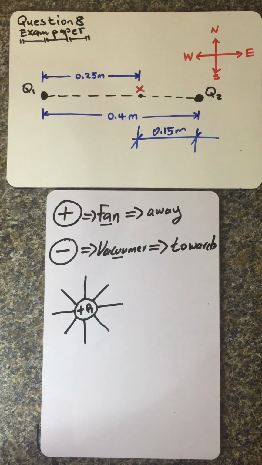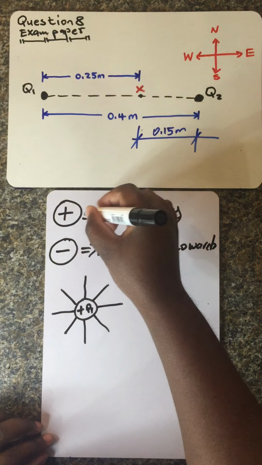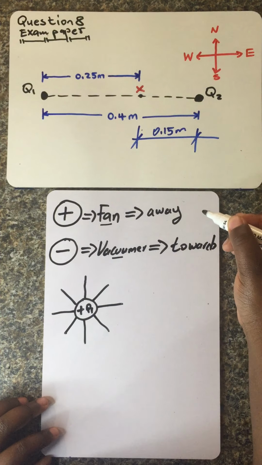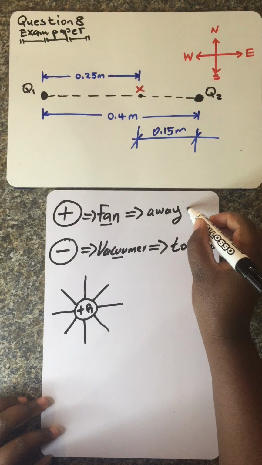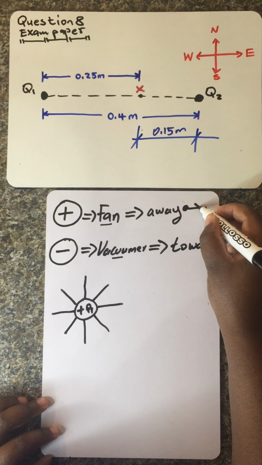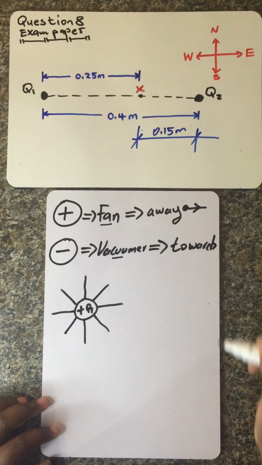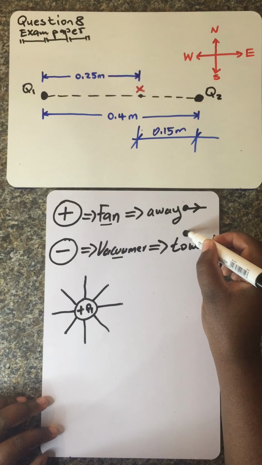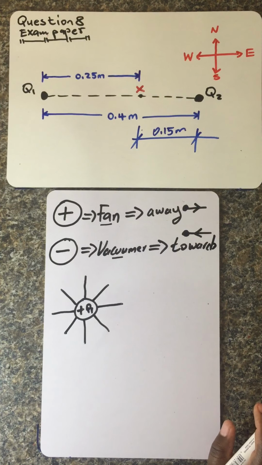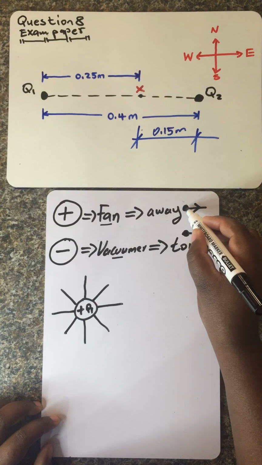So we are saying a fan which is positive blows some wind away from it. If this is that positive fan, then we've got an arrow indicating away from that positive point charge. Obviously that will mean with regards to a vacuumer, it's going to point towards the vacuumer. If this is a fan, it's going to blow wind away from it.